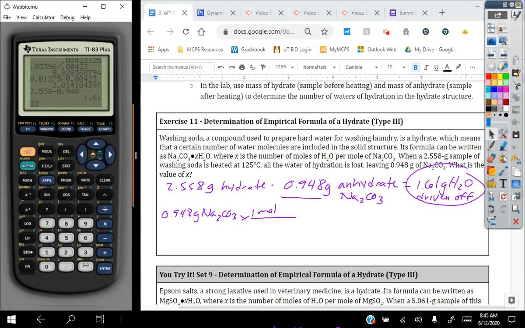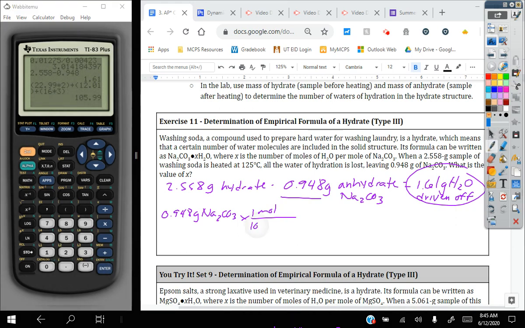Sodium is 22.99 times 2, plus 12.01, plus 16 times 3. 16 times 3 is 48. So we get a molar mass of 105.99 grams for our sodium carbonate, and then a mole of sodium carbonate up top.